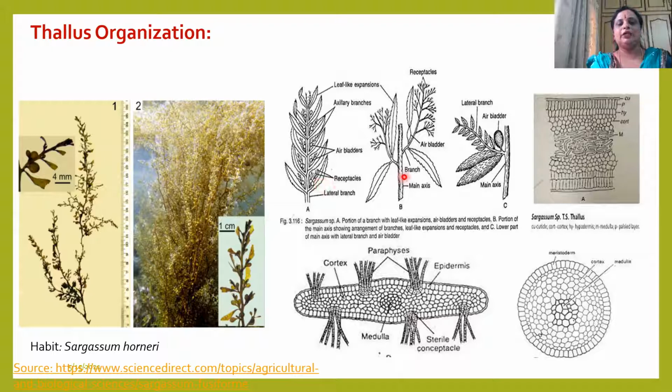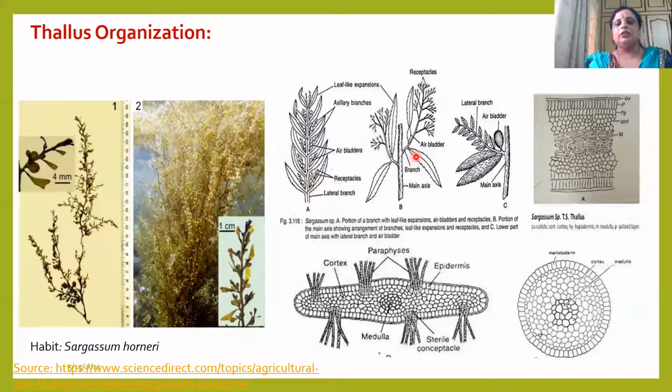These laterals can also give rise to branches. See, this is the main branch, and you could find some branches of limited growth, our primary laterals, which are called leaf-like structures. And there are also certain branches from the main branch called branches of unlimited growth, or the primary branches. See, these are primary branches. The primary branches can also give rise to secondary branches.